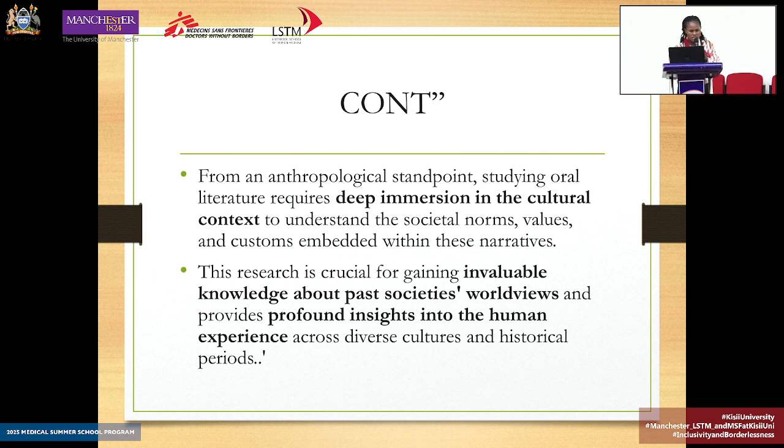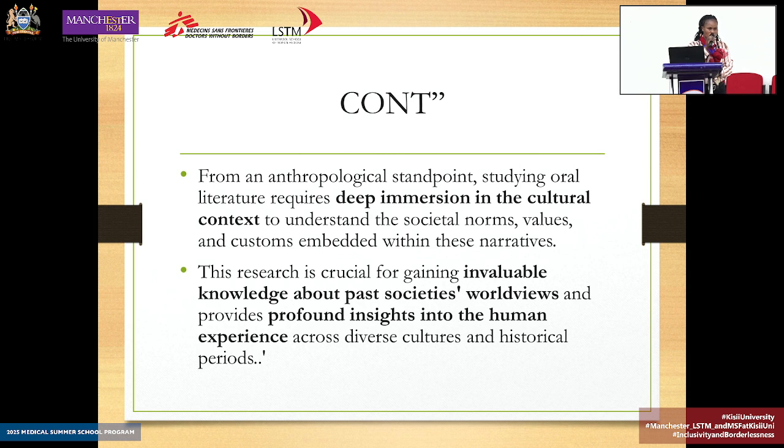Next slide. When we talk about oral literature, this is whereby you take a deep immersion in the cultural context. If you want to get the stories of the Abagusii community, you become part of the Abagusii community.